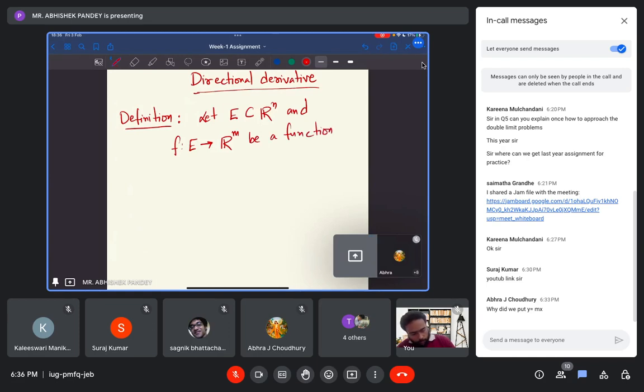Okay, let x naught be an interior point of E, and let v be a vector in R^n.